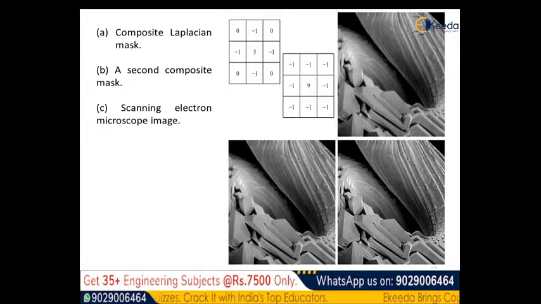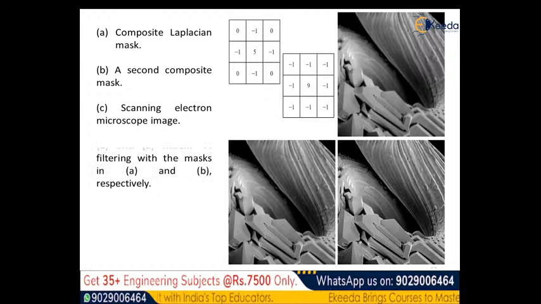We have another example as well, where the use of these two masks over the input image is explained here. In the scanning electron microscope image, with the help of these spatial filterings, the corresponding results you can see here.